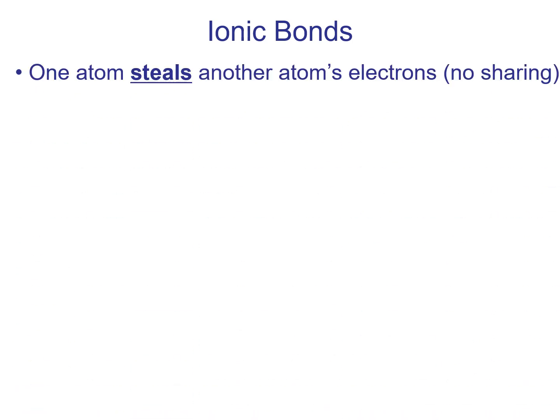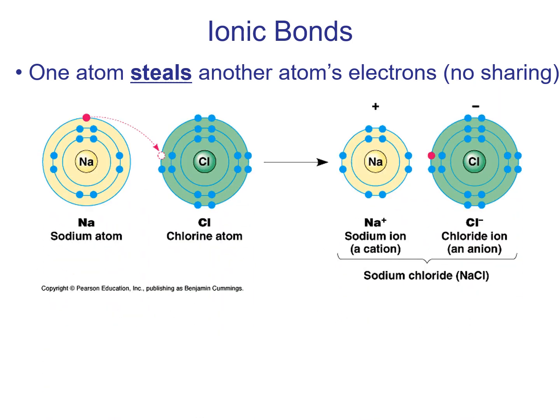We can have a situation where one atom completely steals electrons from another atom. So there's no sharing that goes on. Now, if that happens, that's going to result in two atoms that have full-on charge differentials. And we call those atoms at this point ions. So here's the classic example.